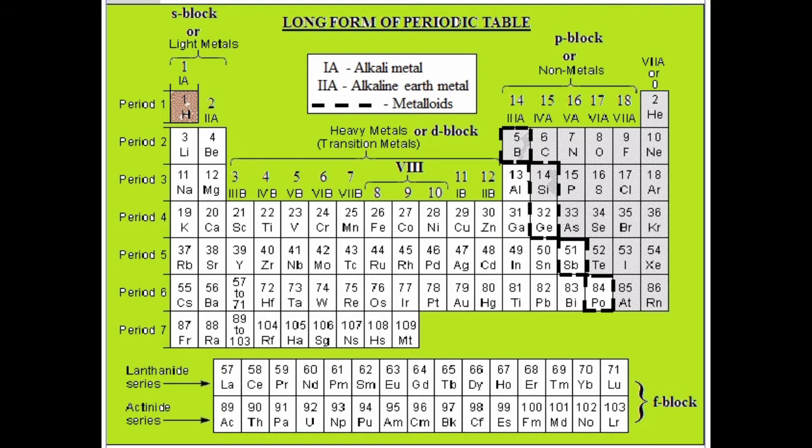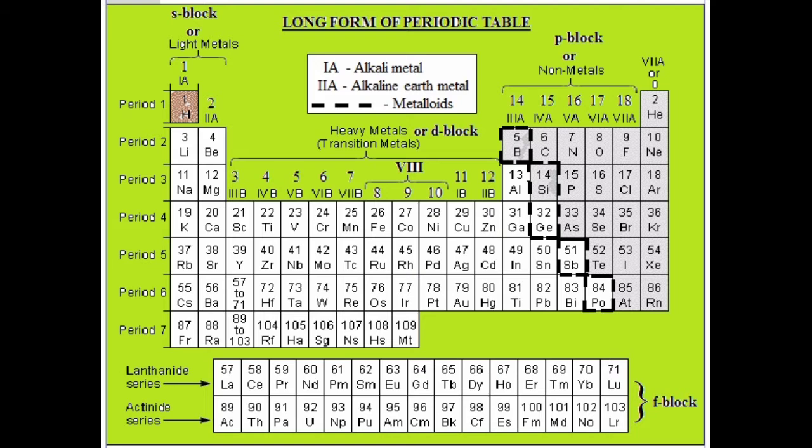Now the elements belonging to groups 3 to 12 are all called transition elements. So write it down. Transition elements means which elements? Elements belonging to groups 3 to 12.